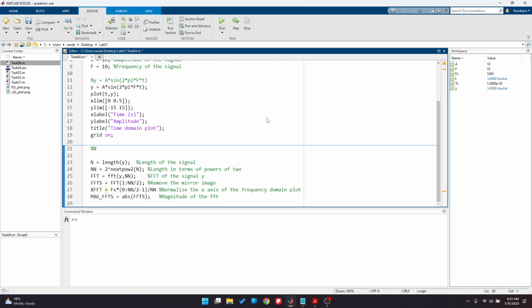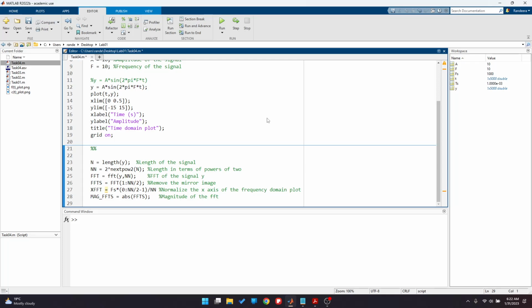After obtaining the magnitude, after obtaining the normalized x-axis, we can then plot the graph using the normalized x-axis as the independent variable and the magnitude of the fast Fourier transform as the dependent variable.